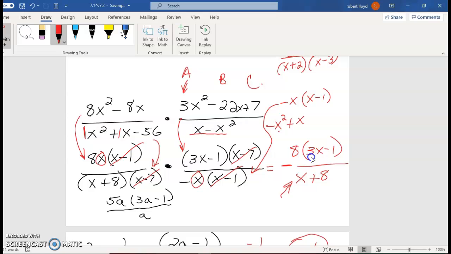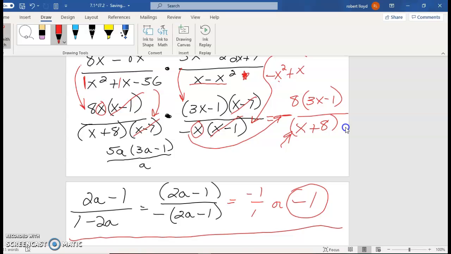The ending numerator is 8 times the quantity 3x minus 1. Down here we have a negative, so I'm going to put this right up here. And then we have the quantity x plus 8. So a little tricky here. Make sure you can identify this right here. Put it in the proper order, then factor it.